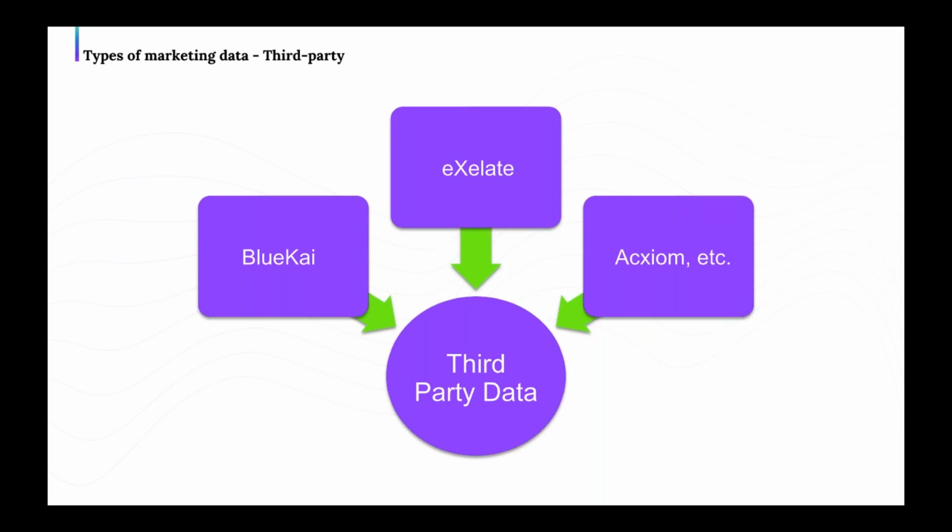This again helps unlock larger audiences for you to target your campaigns to. However, it is also much less personalized because you're not necessarily knowing whether or not that person is interested in your product or would be interested in whatever you might be selling.